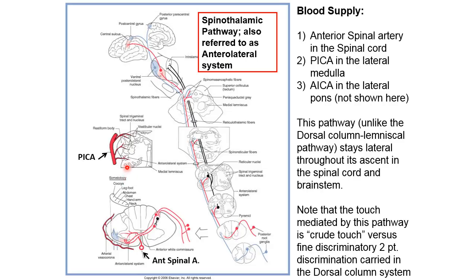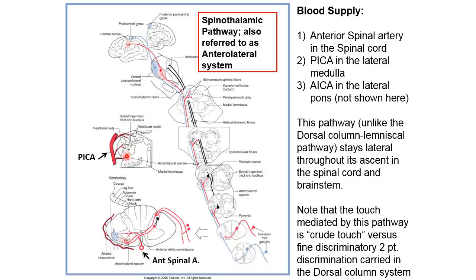And as we get up to the brainstem, in the lateral medulla, we see the posterior inferior cerebellar artery feeds the lateral medulla, and the anterolateral system is in this lateral position fed by PICA, the posterior inferior cerebellar artery.